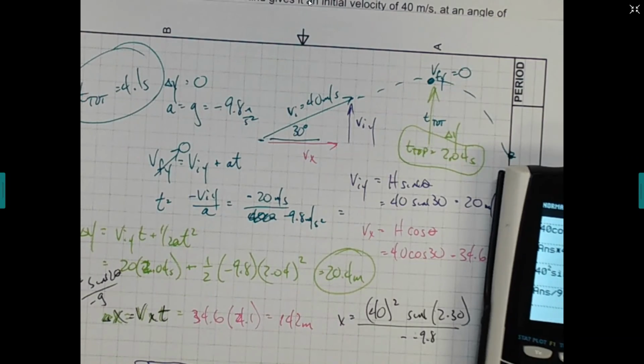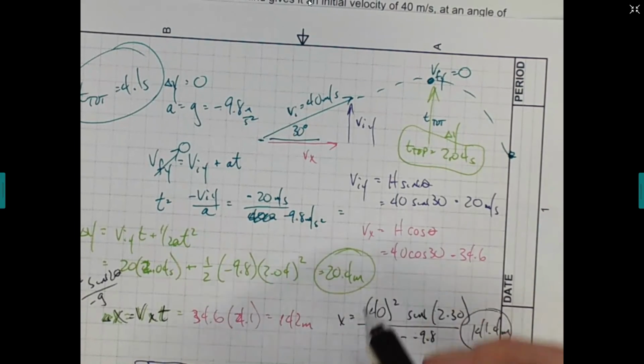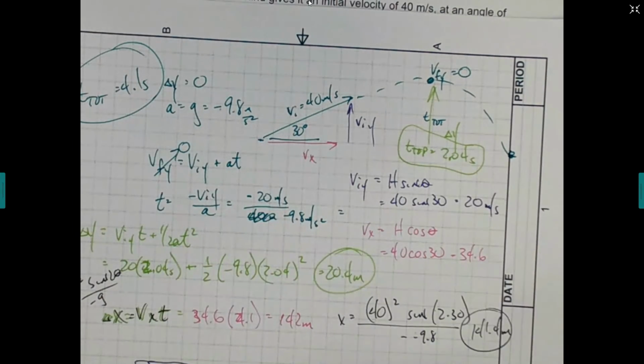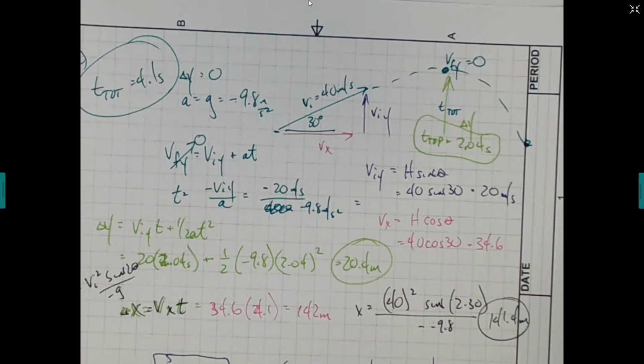And we get 141.4. It's basically the same. We've rounded a lot here and there. So 141.4 and 142, basically the same thing, right? Remember, we rounded off this, we rounded off that. So it's a rounding error. All right, so there's number 6.